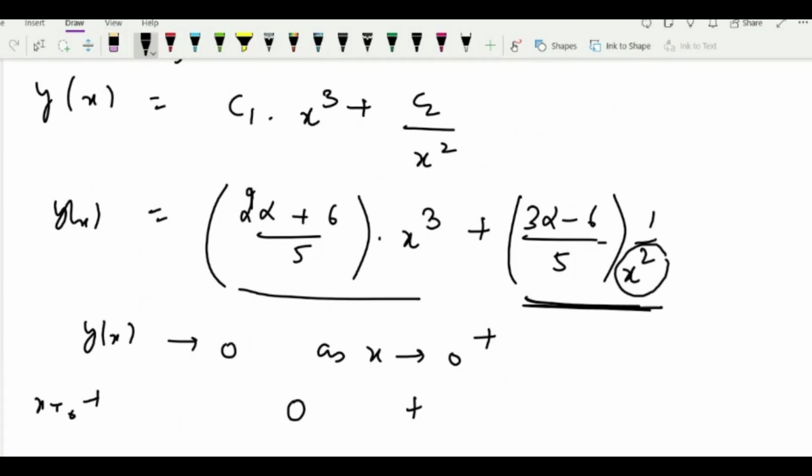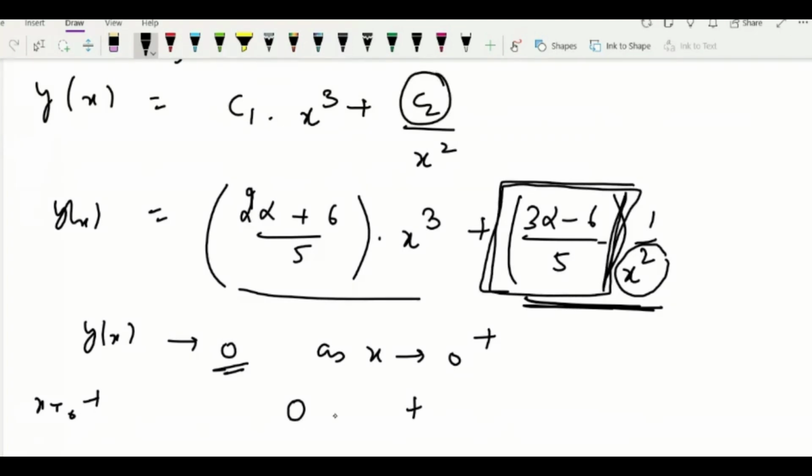So by this part, we will not approach 0. So for approaching 0, we have to take this constant as 0. We have to take c2 equal to 0, because this part is making it infinite.